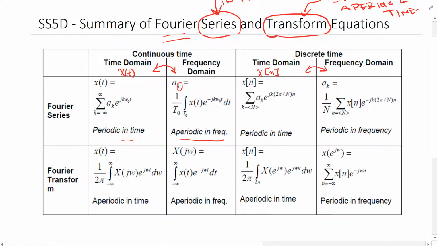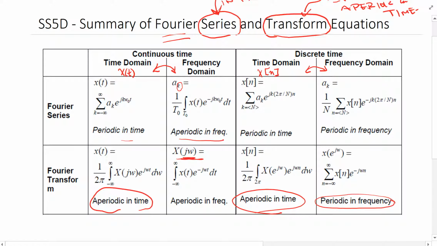Fourier transform, the second row, is the more general form, where your x of t or x of n, discrete or continuous, can be aperiodic in time or periodic in time. It really doesn't matter. And then your frequency domain, which we represent with X of j omega, is aperiodic in frequency domain, while on the discrete side, X of e to the j omega is periodic in frequency.